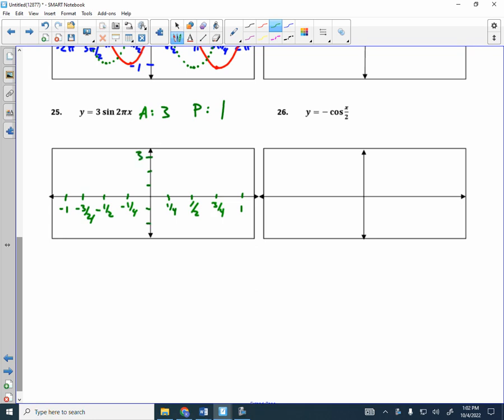Notice it goes up to 3 and down to -3. Where will you start? You do start at 0. How come? Because it's a sine graph. When would I go down instead of up? If it was a negative.